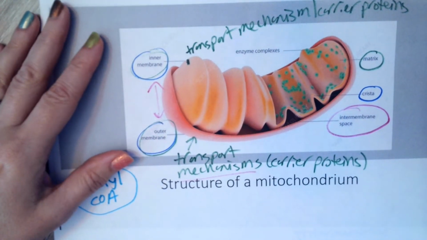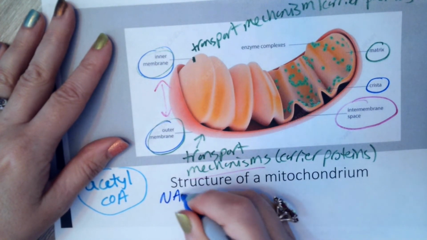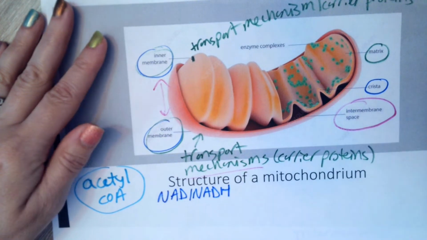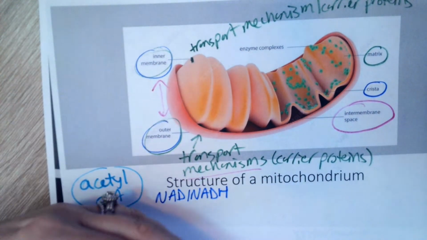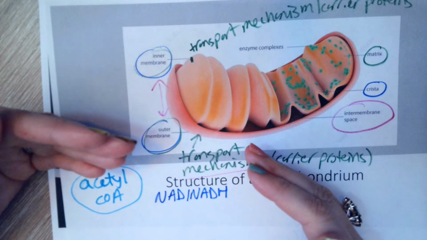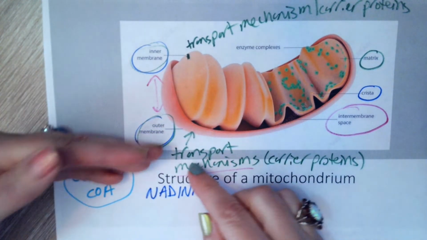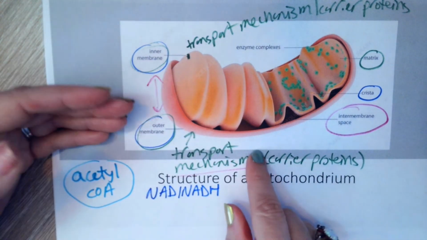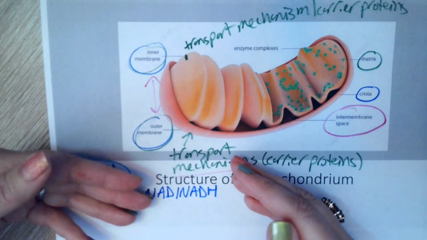Another thing that we need to transport across is NAD or NADH. This also can't just cross the membrane. It needs to be transported, and it's going to be converted into other intermediary substances that can cross the membrane through various carrier proteins, various transport mechanisms, and then be reconverted back into NAD and NADH.